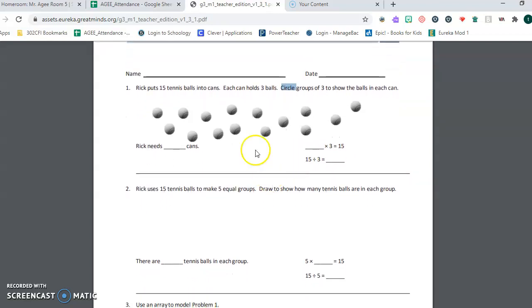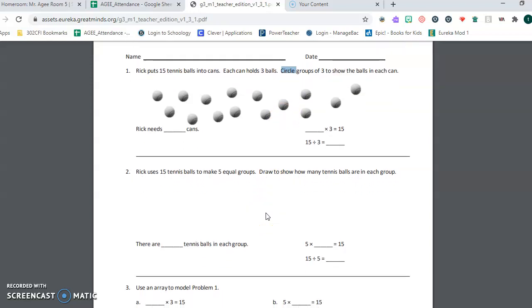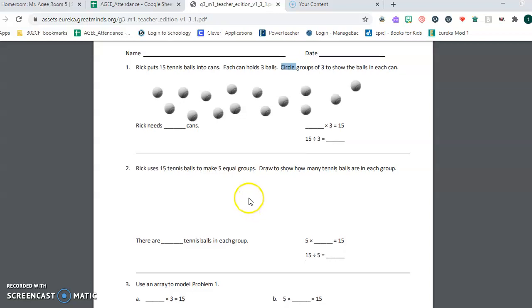Now, in the next problem, they use the exact same numbers, okay? So they're helping you to make a connection. They're helping you to understand that when you know both factors and the product, you can flip them and it's the same, okay?